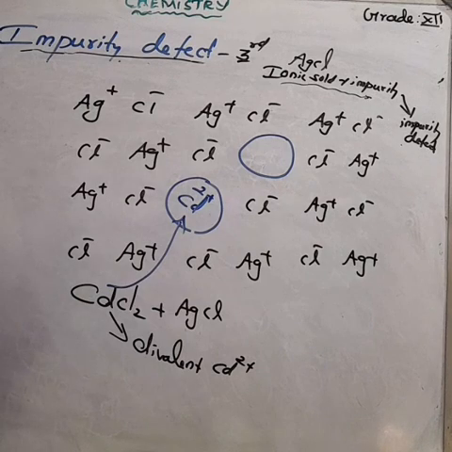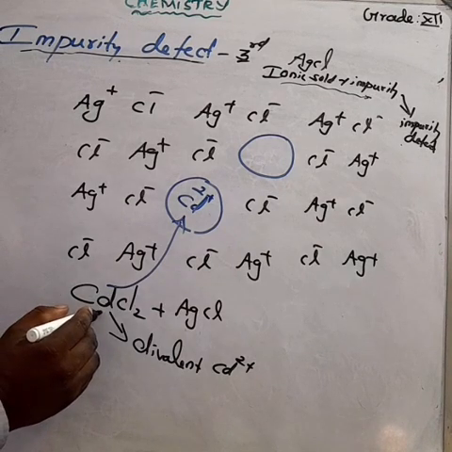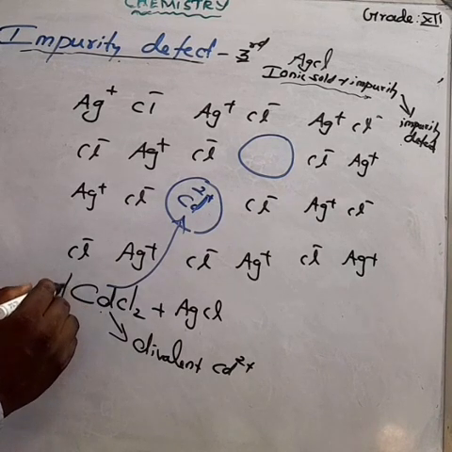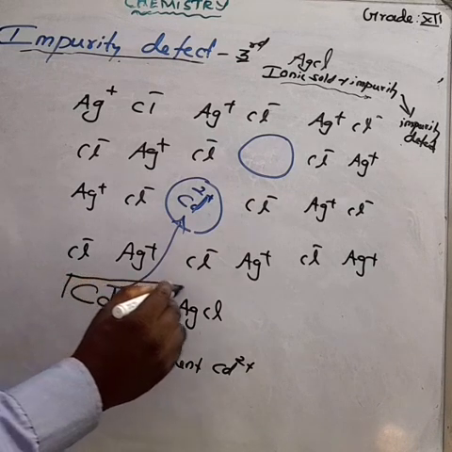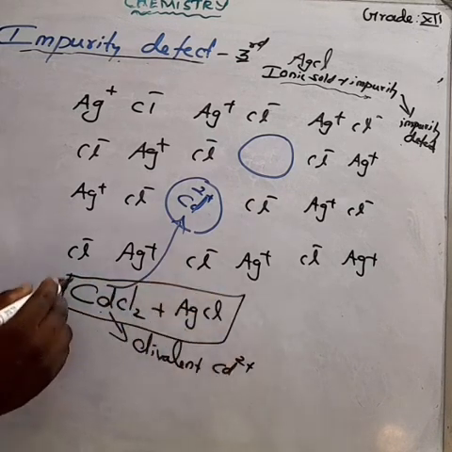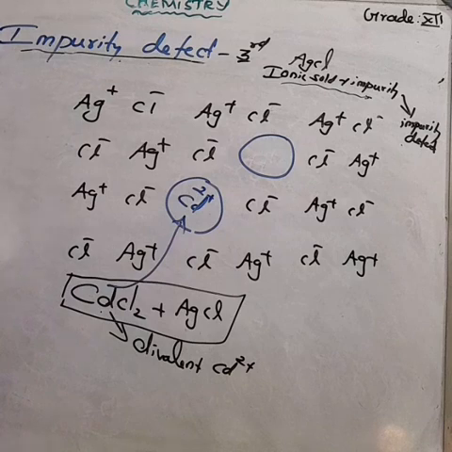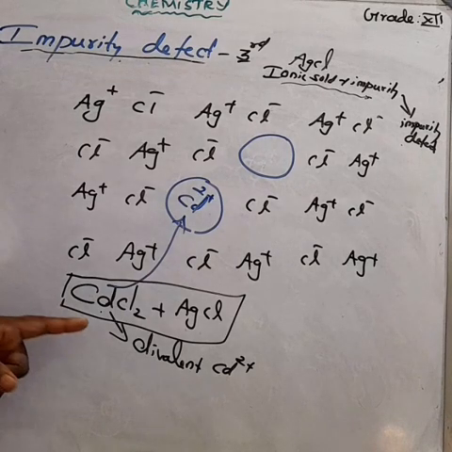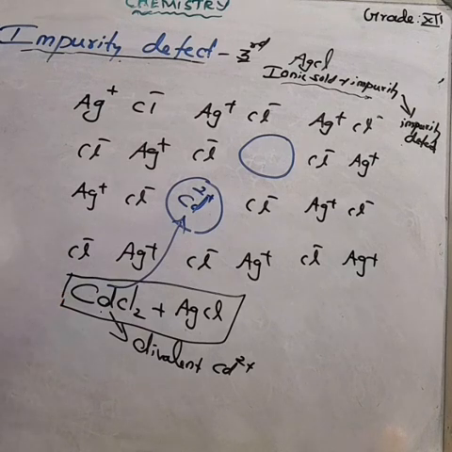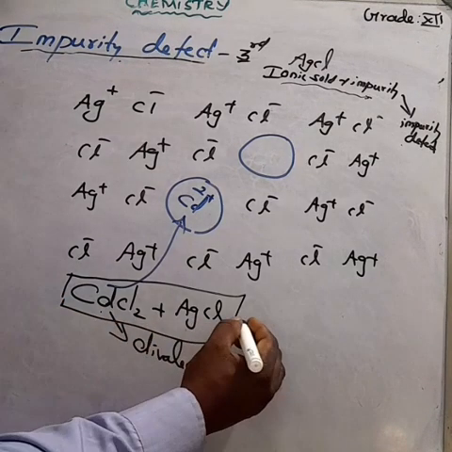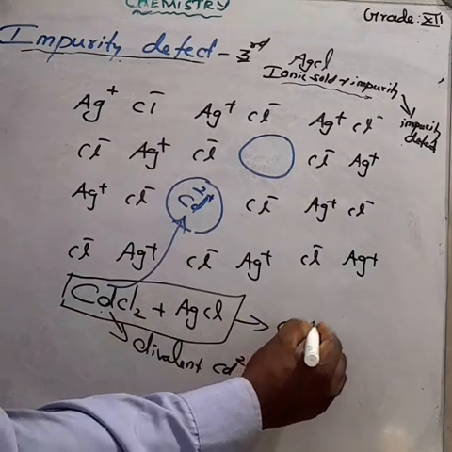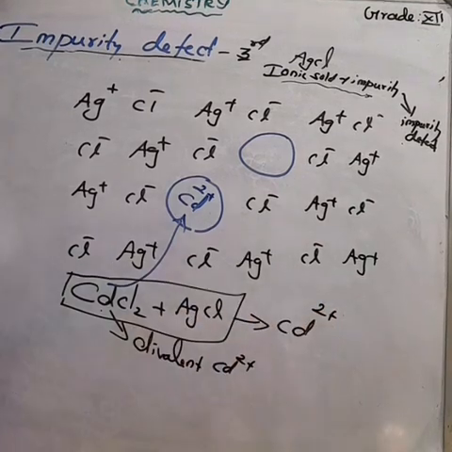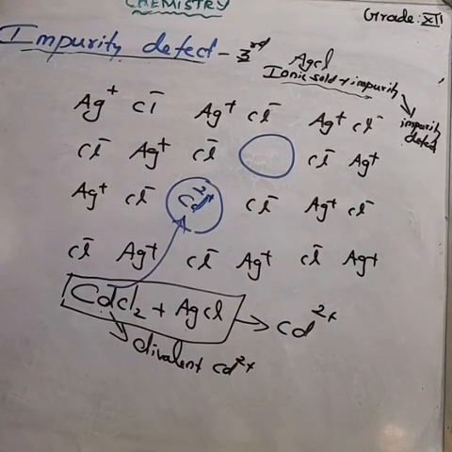For example, the addition of cadmium chloride to the silver chloride crystal gives a solid solution, where we know that cadmium, that is Cd2+, is a divalent cation. Here it occupies the position of an Ag+ ion.